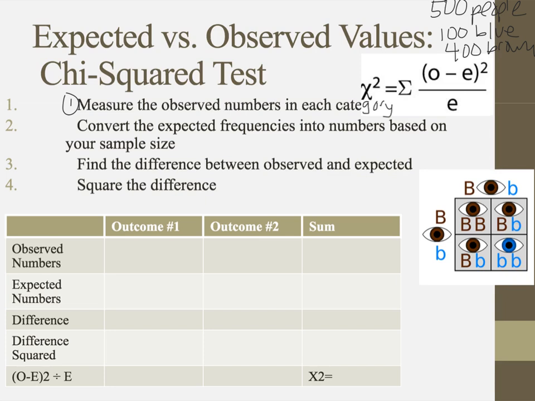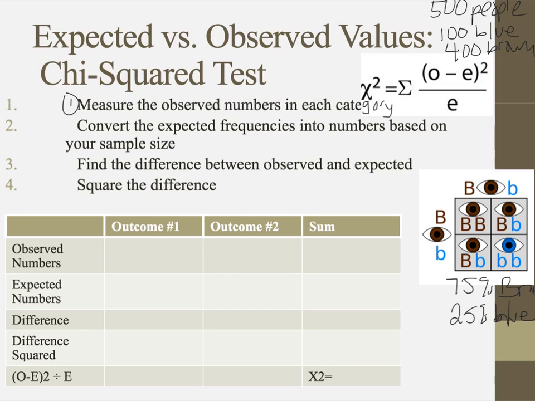If I do a Punnett square from two heterozygous individuals, meaning one allele or one gene for each of them, then what this Punnett square is telling me is that 1, 2, 3 out of 4, or 75% of my people should have brown eyes, and 1 out of 4, or 25%, should have blue. So let's figure out if what we observed is significantly different than what we expected.